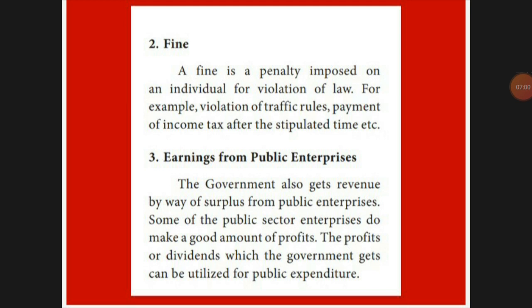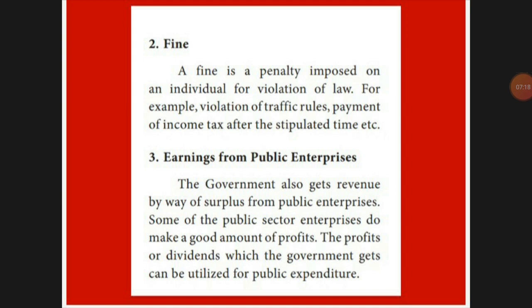So to do that, the government has to spend the money. And because your land rate will increase, for you it is benefited. So for that you have to pay to the government. So that is called as a special assessment betterment levy.